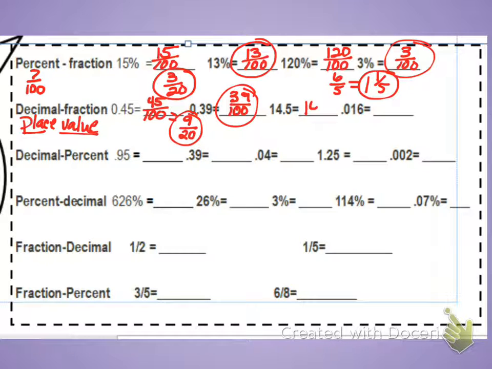So it's 14 and what? 5/10. 5 over 10. Which reduces, wait till I ask please, to 14 and a half. Okay? And the last one is 16 over what? Very good. 16 over 1,000. Okay? 16 over 1,000 reduces to, anybody know?